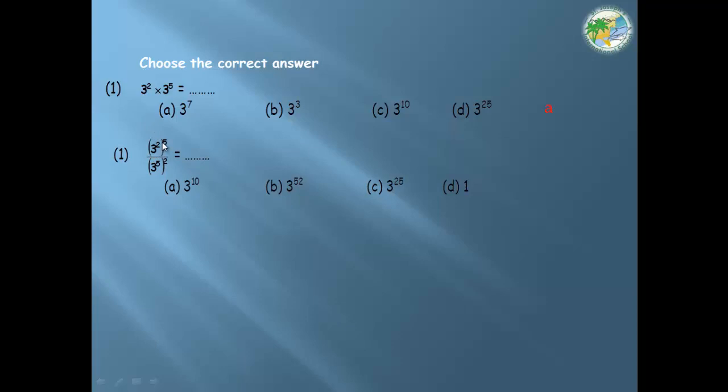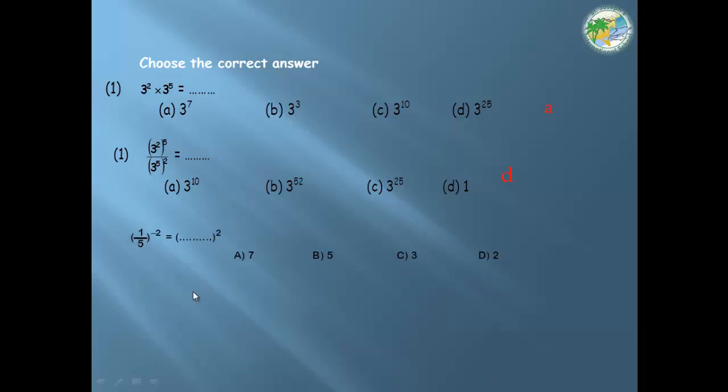Then 3 power 5 all power 2, we multiply the powers together, 5 times 2 equal 10, so 3 power 10 over 3 power 10. We subtract the powers if we divide the same base. Then 10 minus 10 equal 0. Any number power 0 equal what? Of course 1. Just a revision of the last lesson.